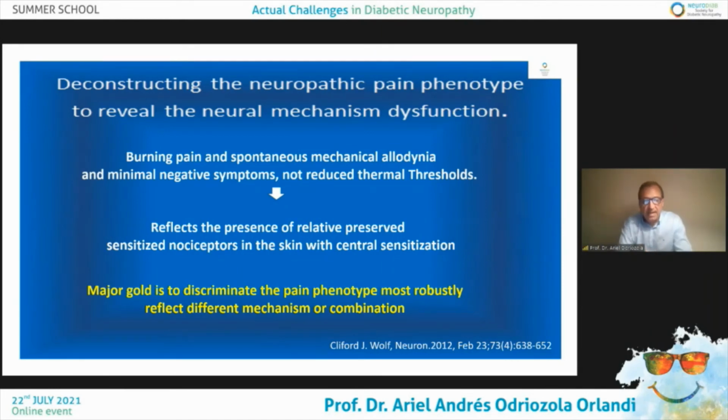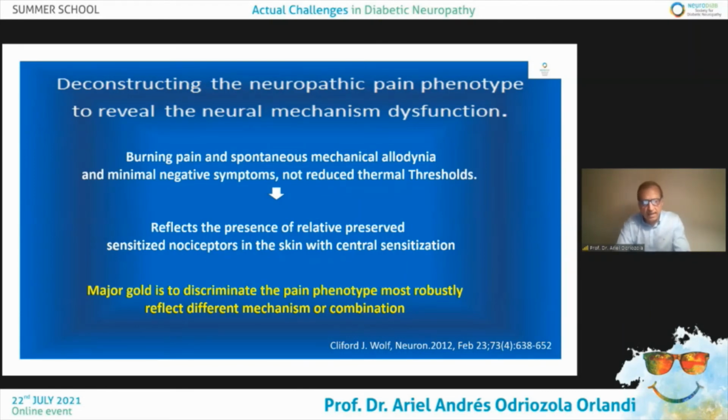This reflects the presence of relatively preserved sensitized nociceptors in the skin, but with central sensitization. The major goal is to discriminate which pain phenotype most robustly reflects different mechanisms or combinations in this kind of patient.